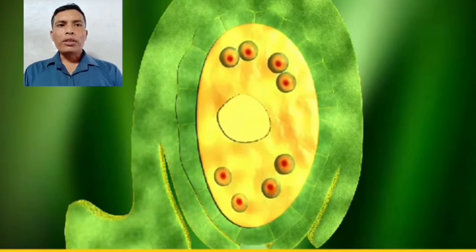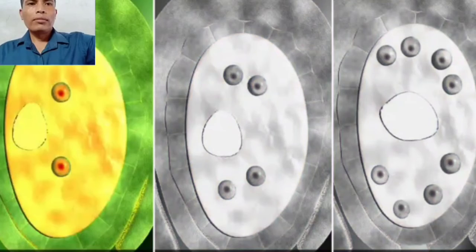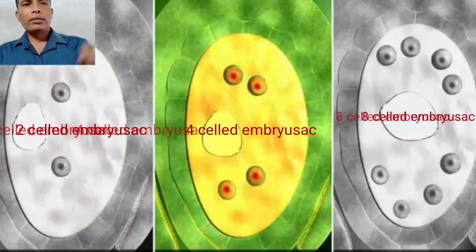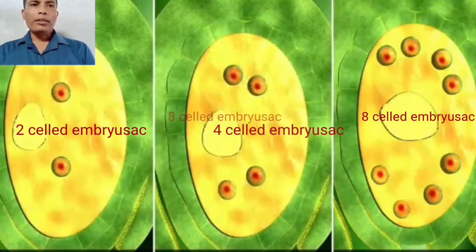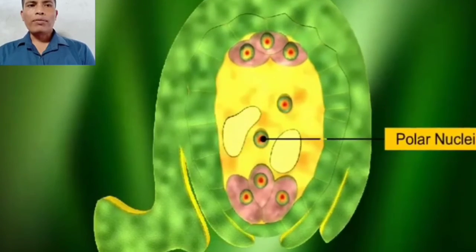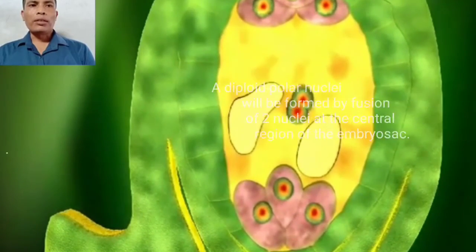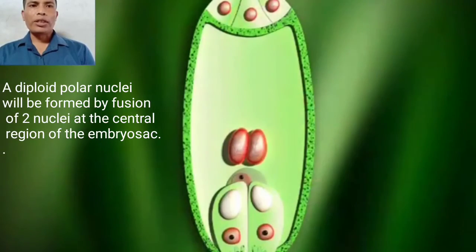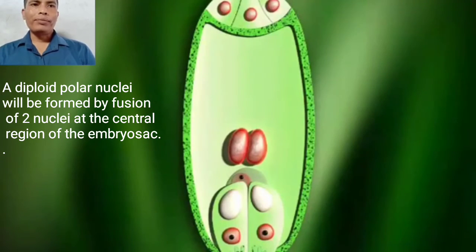These 4 nuclei will undergo a third mitotic division, which forms 8 nuclei. Okay, 2 nuclei to 4 nuclei, 4 nuclei to 8 nuclei. Then 1 nucleus from the micropylar region and 1 nucleus from the chalazal region will move to the center region to form polar nuclei.